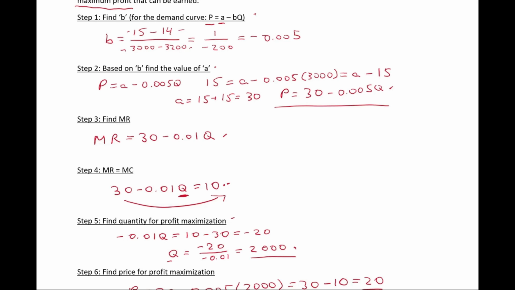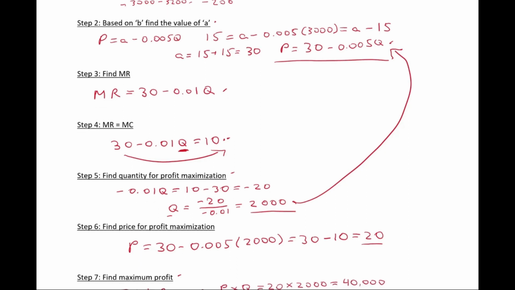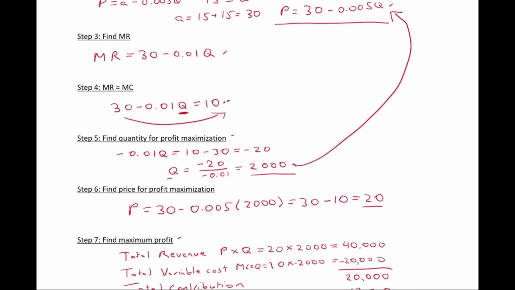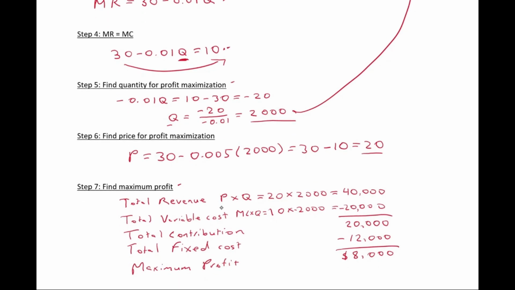Once you find Q, you plug that into your demand curve equation to find P, the price at which profit is maximized. Once you have P and Q, you can then find the maximum profit by multiplying P and Q together to get the total revenue, multiplying Q with the marginal cost per unit to get the variable cost, taking the fixed cost from the question and getting your maximum profit.